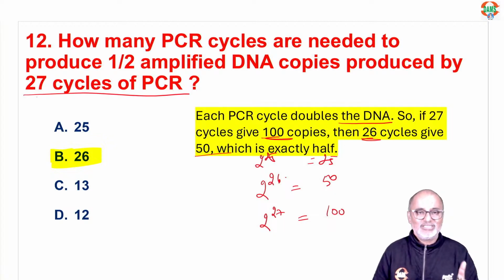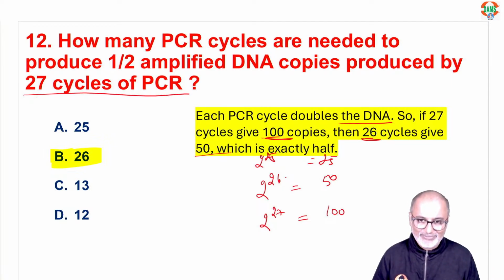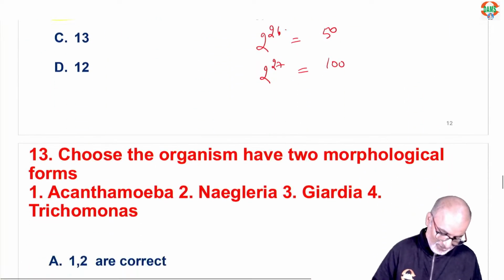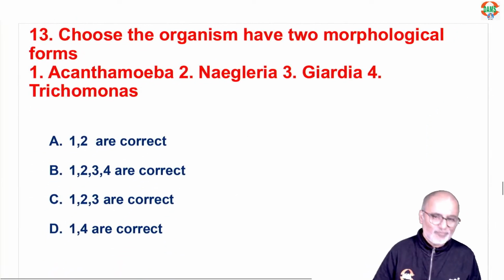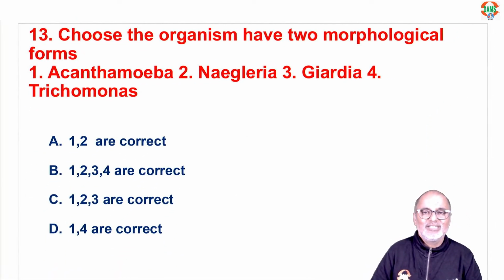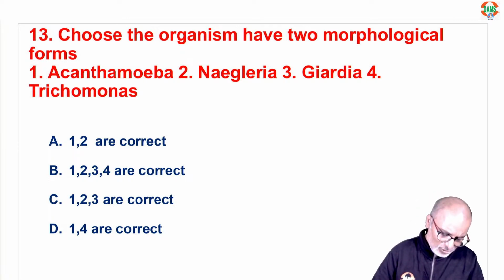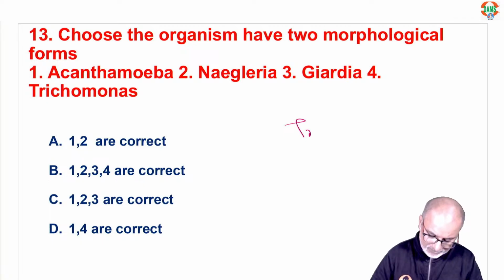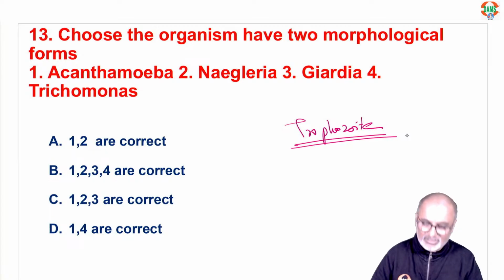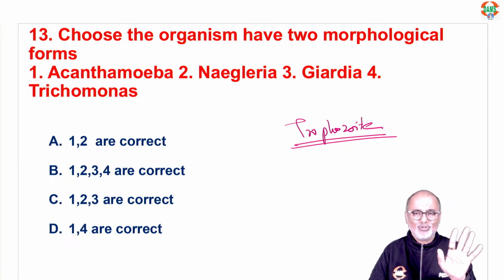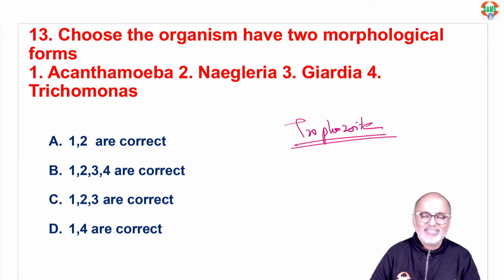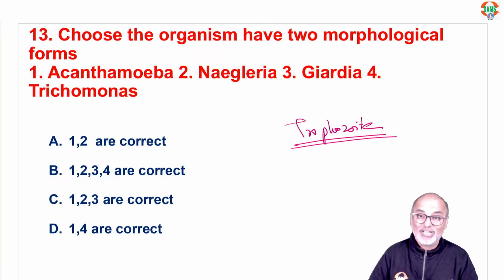This question is purely thought-provoking, and this is the real standard of INICET. Next is, choose the organism that has two morphological forms. Two morphological forms means trophozoite and cyst. See my picture. In the parasitology first page of the notes, I gave this picture: Amoeba, Giardia, Balantidium coli and Trichomonas.